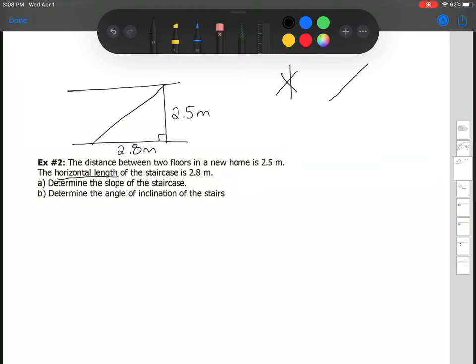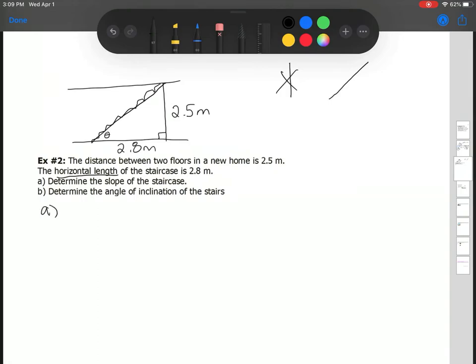So if you think about, if you're going up, like these are the stairs here, terribly drawn in, then that means the angle of inclination of the stairs is how much is it going up, then that's the angle we're looking for down here. We'll talk a little bit about angle of depression in the next example. Like you could look at how the angle going down, but we'll do that next.